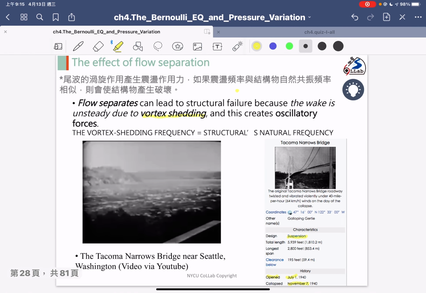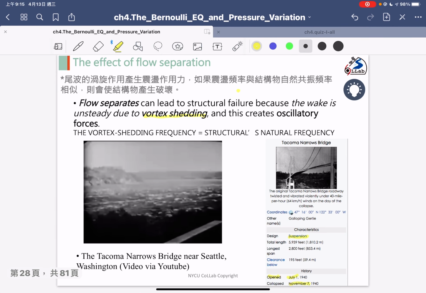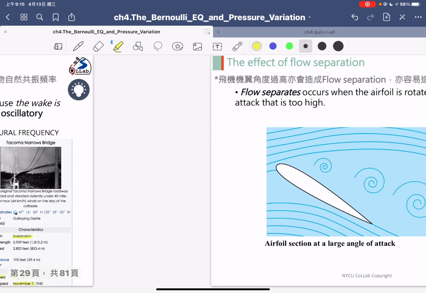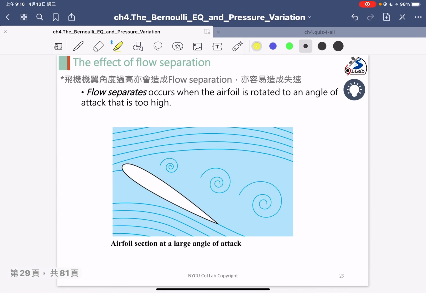When we learn some knowledge in class, this is a very important phenomenon for engineering problems, like flow operations. For the airplane, sometimes we will have some problems.